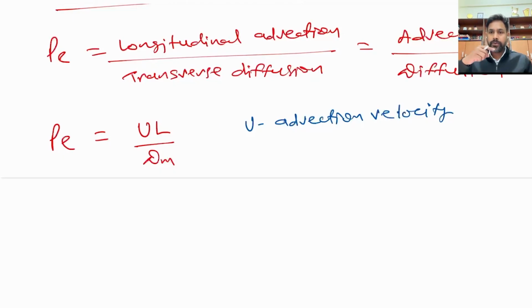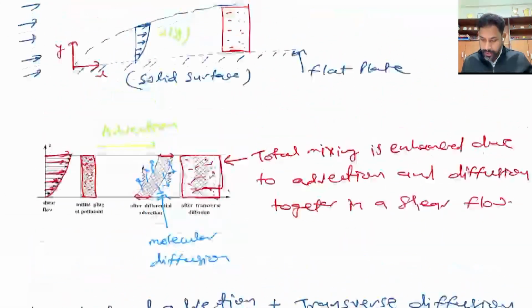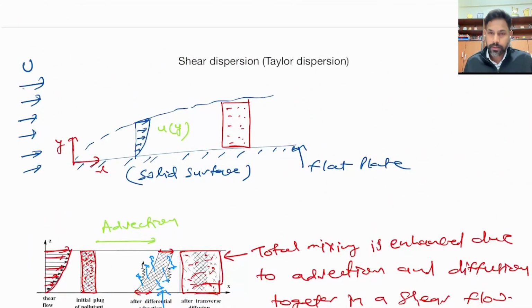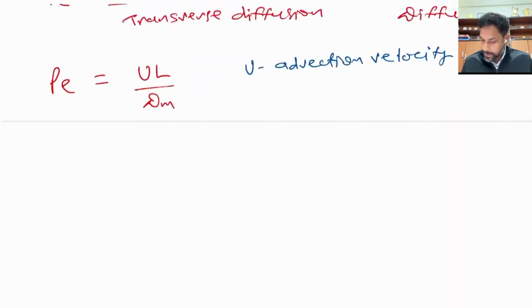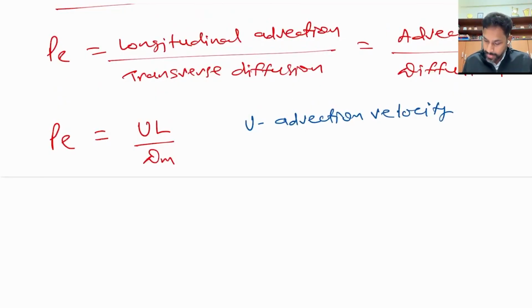And this obviously, now we know that there is velocity variation. So we generally take the characteristic velocity. So for instance, in this case, we can assume this to be U here, which is the free stream velocity. So that is the characteristic velocity. And then L is the length scale, which both velocity and length scale are defined for a particular situation. And DM is the molecular diffusion coefficient, which we have already defined.